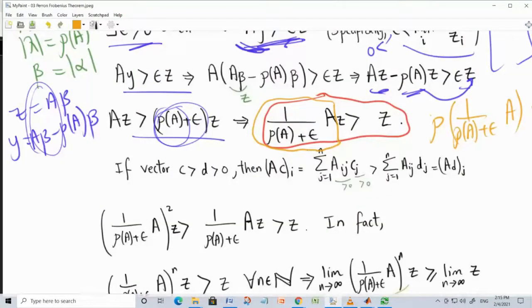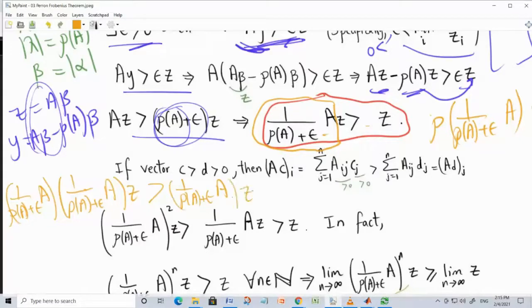And so multiply this expression here from the left by this matrix. So you multiply 1 over rho of A plus epsilon times A by z, and the other side will be 1 over rho of A plus epsilon times A. So that's the matrix multiplied by the vector.